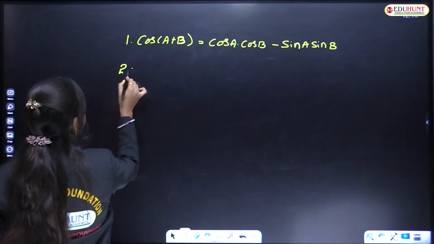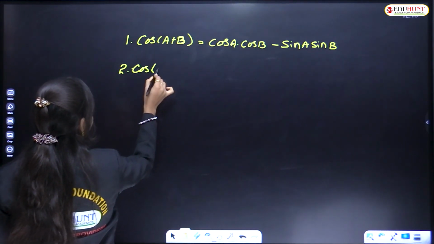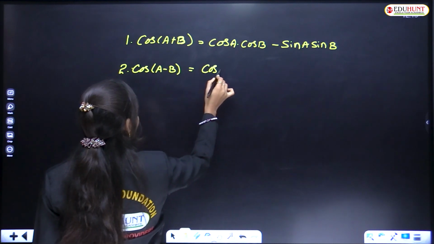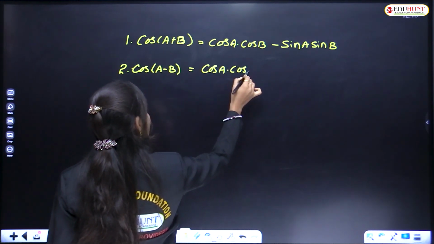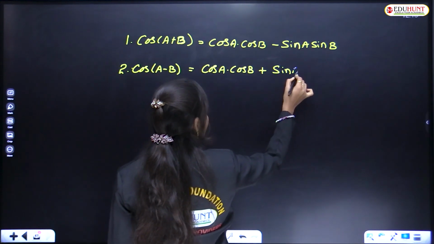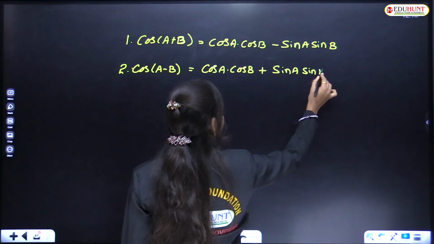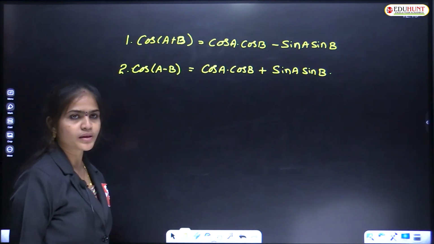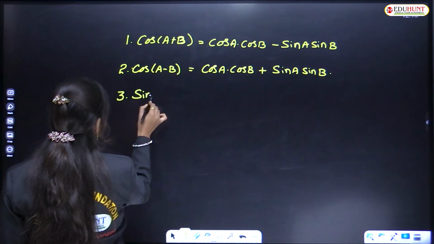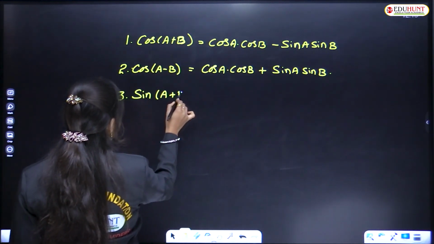And the second formula is cos of a minus b, which is equal to cos a cos b plus sin a sin b. This is the second formula. And the third formula we used is related to sin of a plus b.